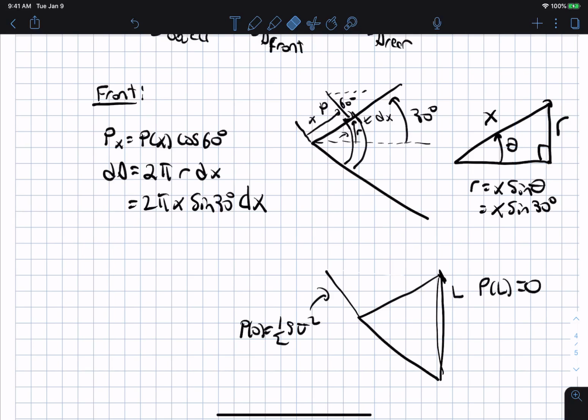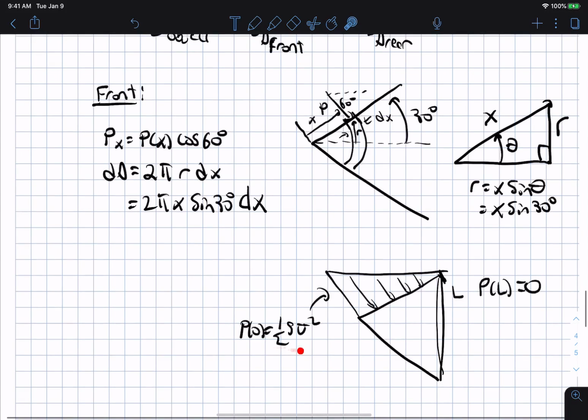Okay, and so we have a linear distribution of pressure that looks something like that. And we know at x equals 0, the pressure is this value here. At x equals L, the pressure is this value here.